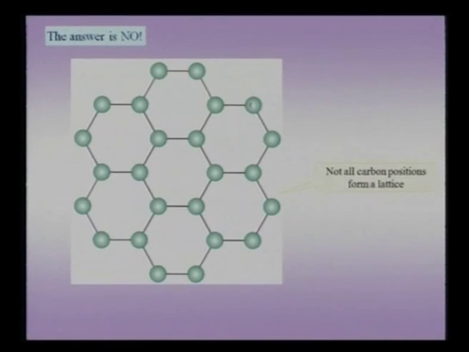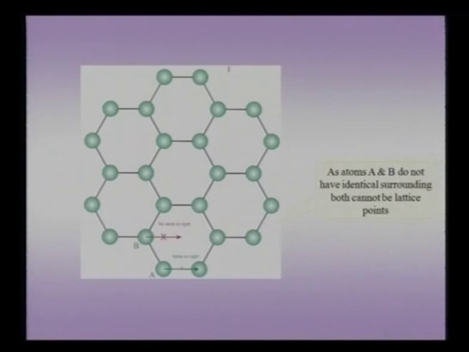So let us try to answer the first question. Do all these centers, for instance I take the center of this sphere, center of this sphere, center of this sphere, do all these centers of all these spheres, which are basically carbon atoms, which are sp2 hybridized, form a lattice? The answer is no. Let us see why the answer is no. So if I take an atom, for instance sitting here, I can clearly see there is an atom to its right at a distance.